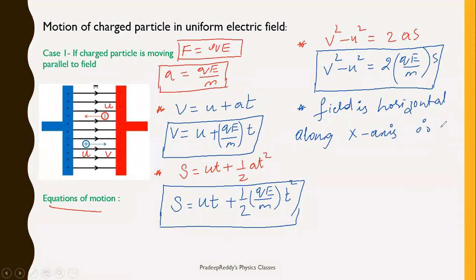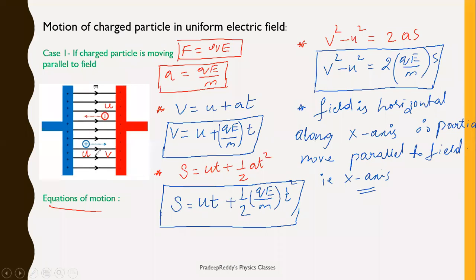Therefore, the particle moves parallel to the field, that is in the x-axis itself. In the x-axis only it is moving, it is parallel. And these are the equations which are valid. As there is only one-dimensional motion, you can use these equations directly.